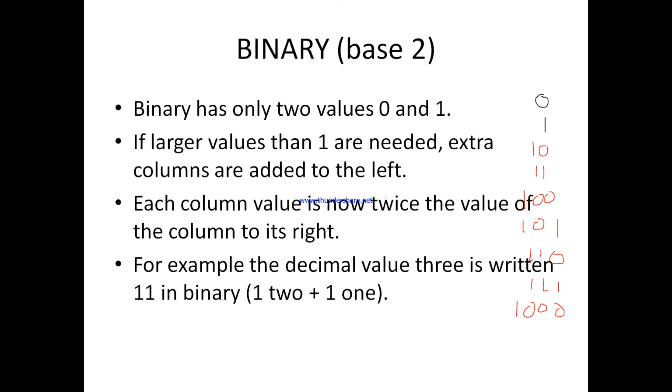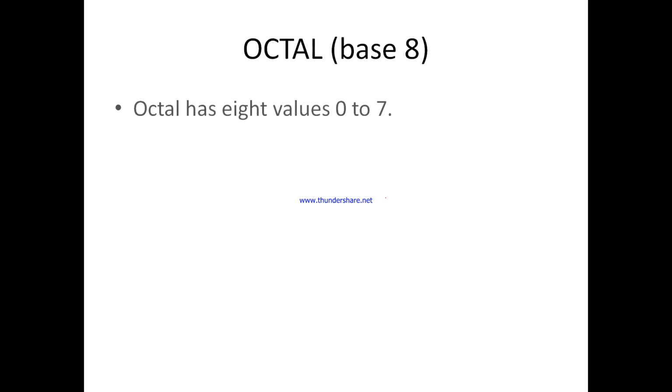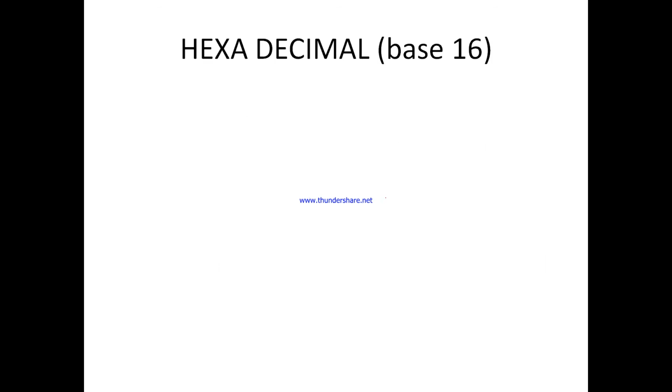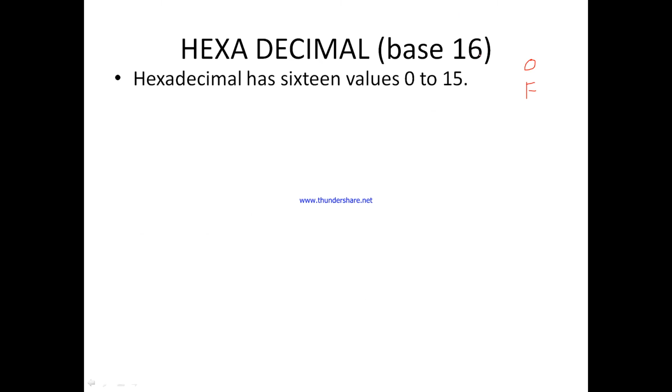Then the base 8 number system contains the values 0 to 7. Then the hexadecimal number system, the final one, has values from 0 to F, that is, 0 to 15.